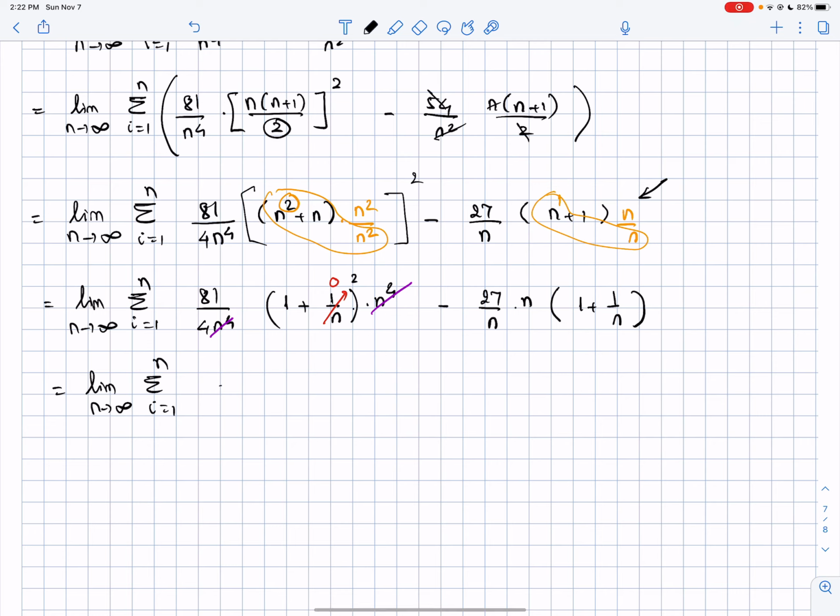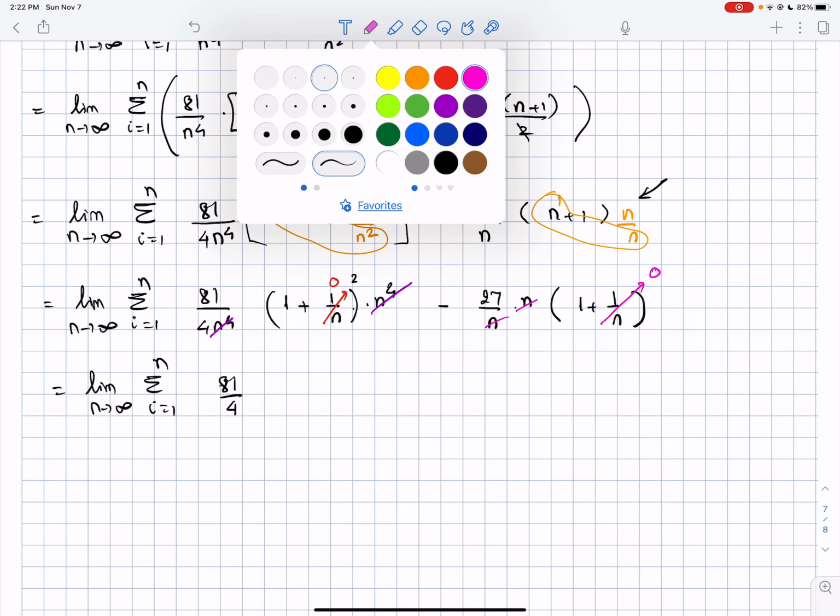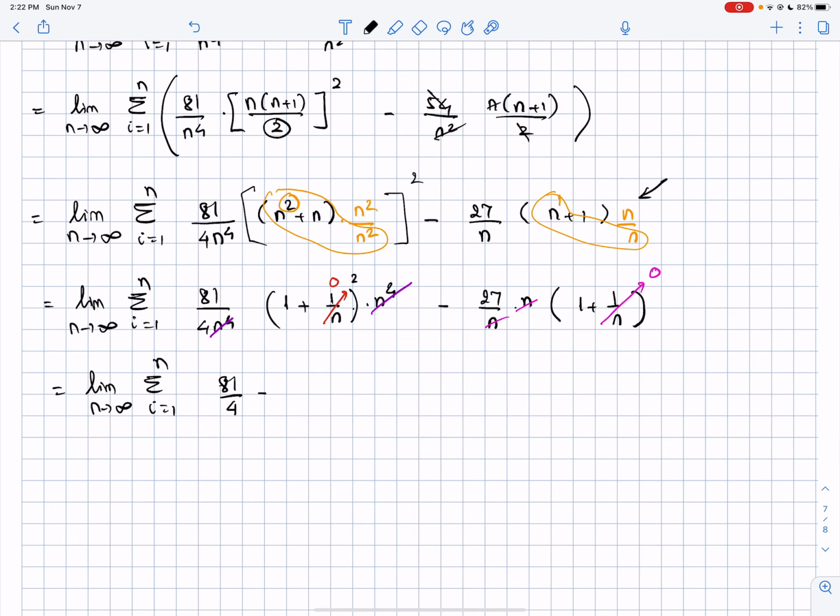So we will be left with 81 over 4. And we can cancel this n. And 1 over n goes to 0 when n goes to infinity. So the parenthesis is 1. So 27 times 1 is 27. And we will get 81 over 4 minus 27, which gives us negative 27 over 4, that is negative 6.75.